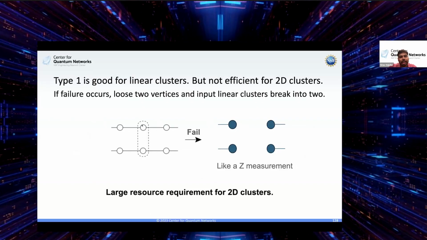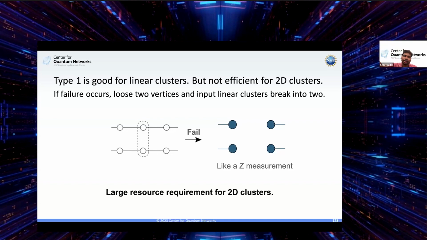But when you are trying to connect two linear cluster states and you do type 1 fusion and it fails, which is 50% of the time, then you end up with this scenario where not only does the joining operation fail, but both of the linear cluster states also become half the size, right?